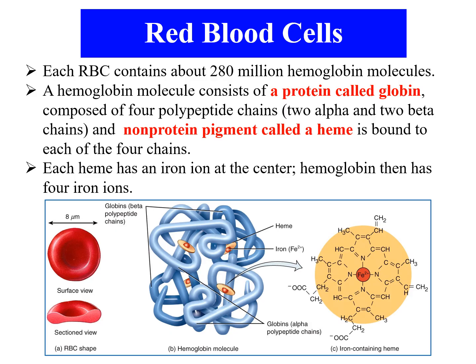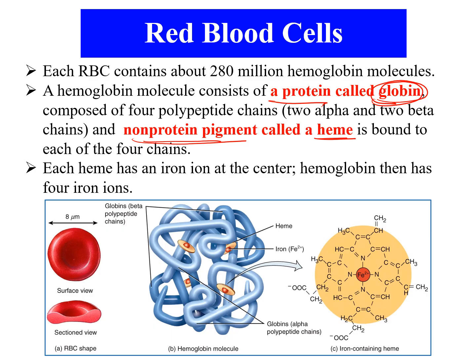In terms of structure, hemoglobin is made up of two parts: a protein part and a non-protein pigment part. The protein part is known as globin, and the non-protein part is known as heme.